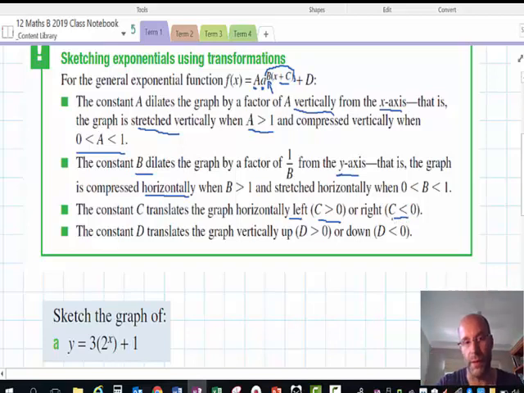This is a little bit like the model we have used in the past with trig functions. You might be familiar with that. Lastly, the final one, D. D is also a translation, as we mentioned earlier on. If it's positive, it's D units up, or negative, D units down. So A and B are shape, C and D are position. And with those four, we have enough to do a very reasonable sketch of an exponential.